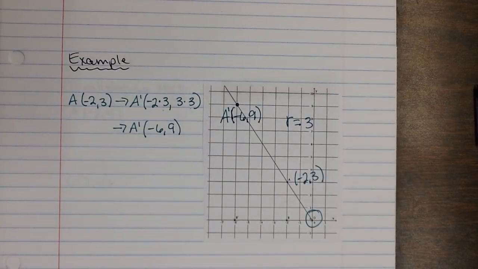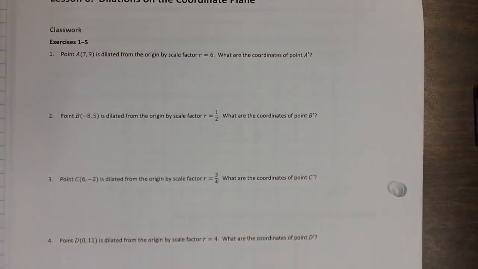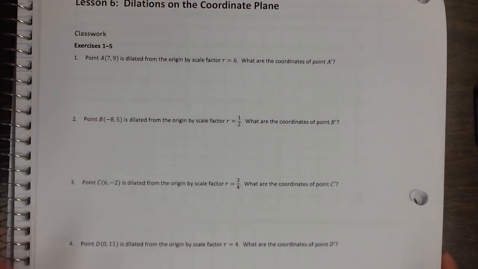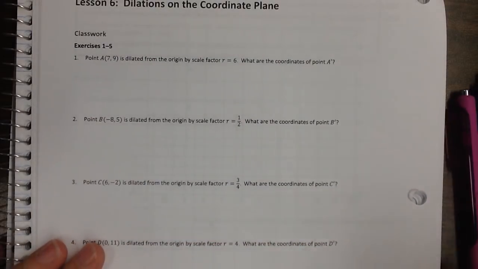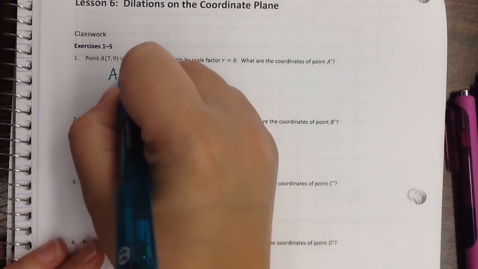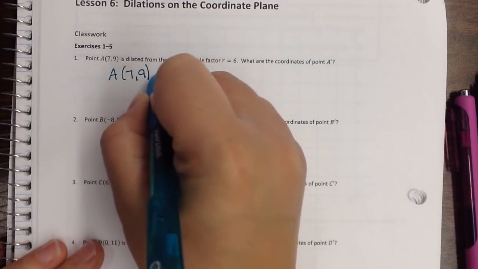Now we're going to go to your packet and we're going to do some of this together real quick. This is just multiplication. We're just going to work through this together, that way you understand how to do this. So A is at 7, 9.